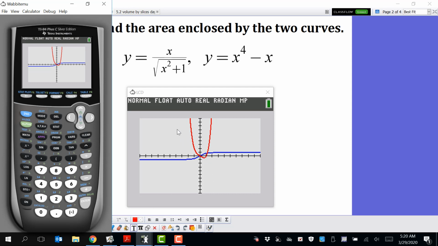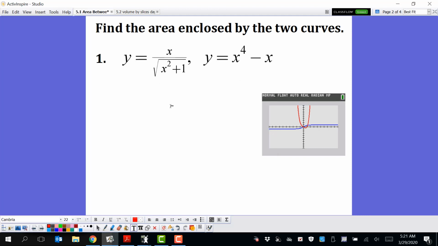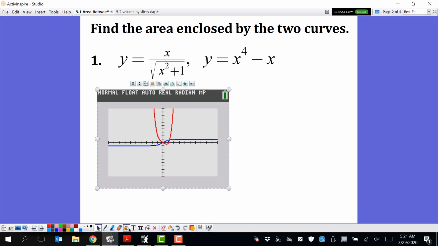So I would definitely draw a sketch of this graph in my notes so that I can shade that in. Remember that we're trying to find this little shaded region right here, the enclosed area.